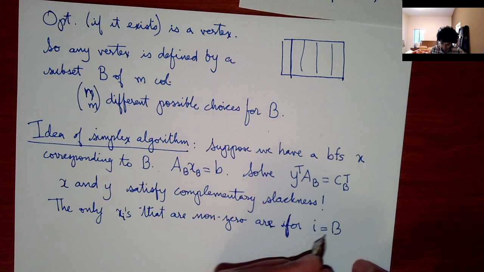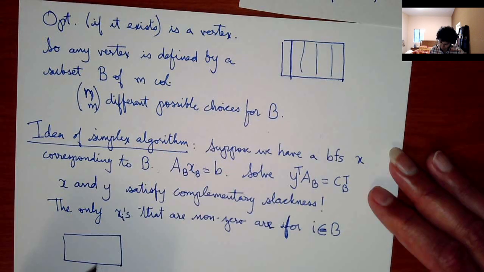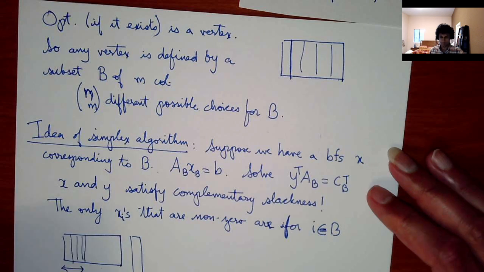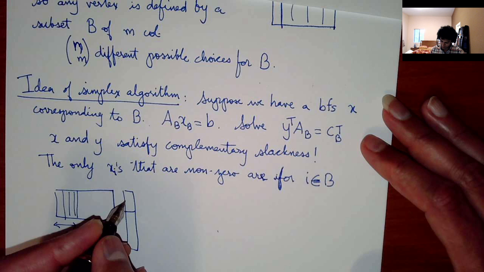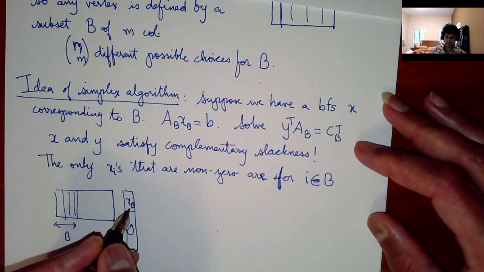Because by the basic feasible solution, let me just draw this picture again. Let's say we selected these m coordinates, and I'm just going to put them at the beginning. I'm just going to make B in the beginning. So this is x_B. Everything else we just set to 0. So this is the only portion that is non-negative.